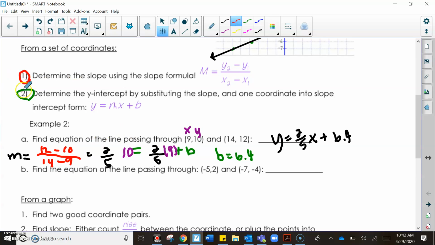So first step, we use our slope formula. This is going to be -4 minus 2. My x values are -7 minus a -5. This is oftentimes what y'all miss.